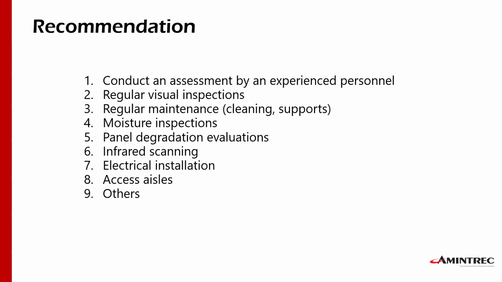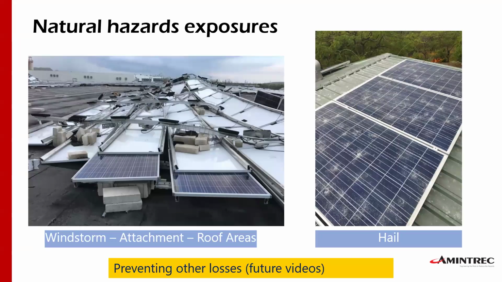And before we finish this presentation, I just want to point out some other natural hazard exposures for photovoltaic panels. One will be windstorm, the attachment to the roof areas. There are many installations where the panels are not properly secured.